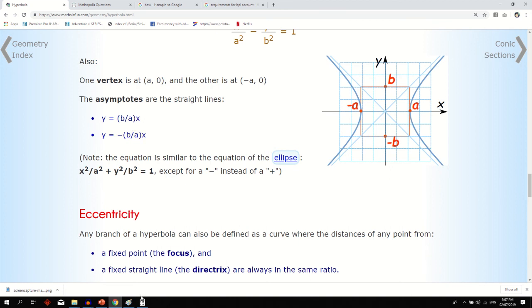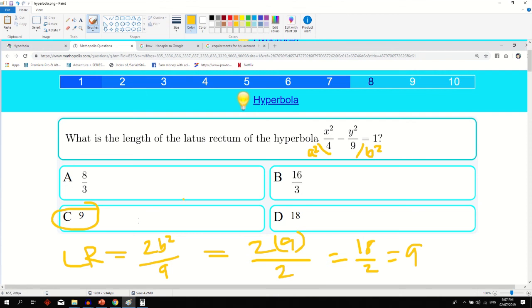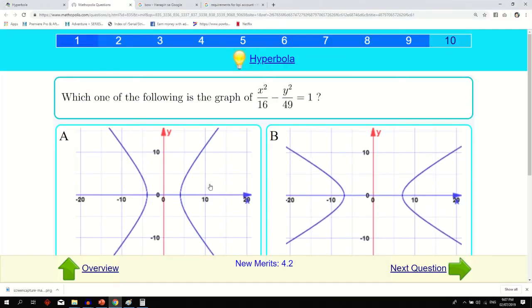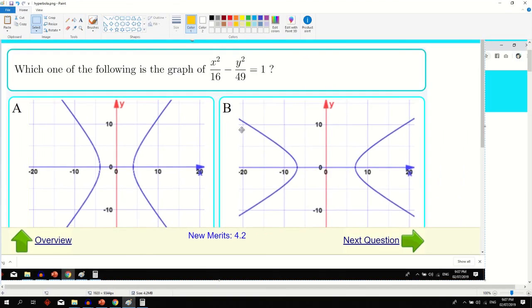B over ax. Y equals to b over ax. So where's that again? Here. We have this one. So y equals to what? B over b over ax.